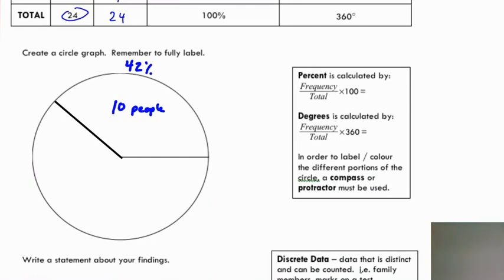So for 3 people, well, 90 degrees is like this, so 60 degrees would be somewhere in the middle there. If that's 90 degrees, that's 60, that's 30. So let's go right here.